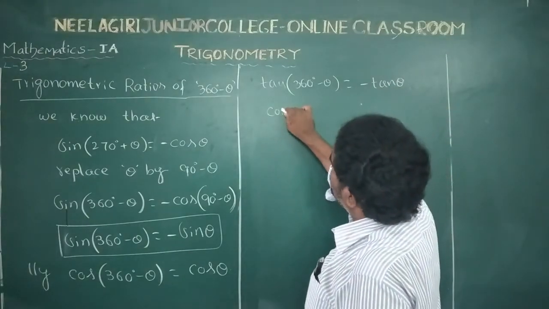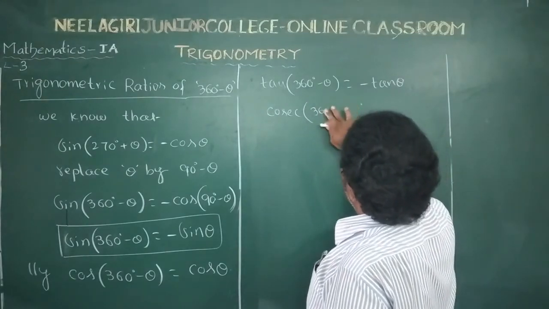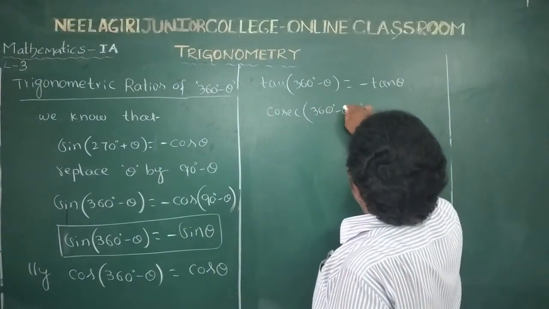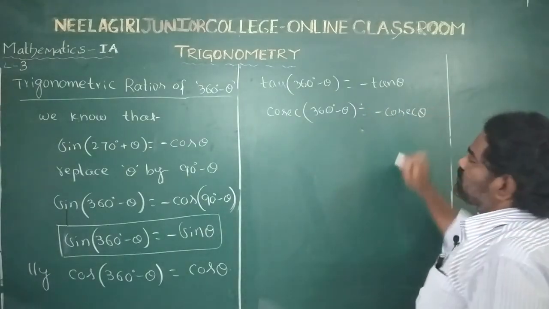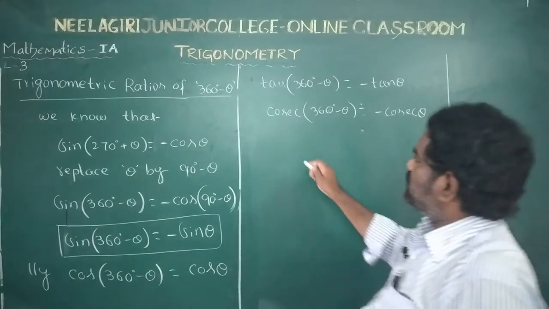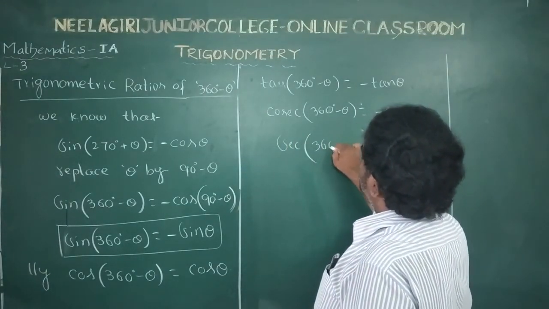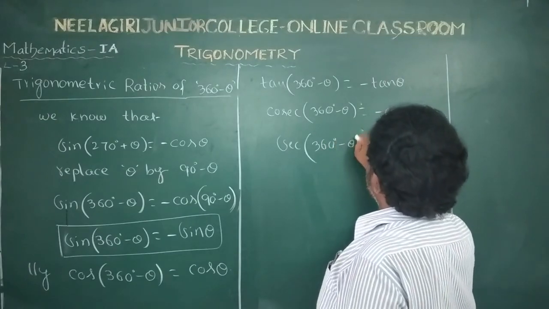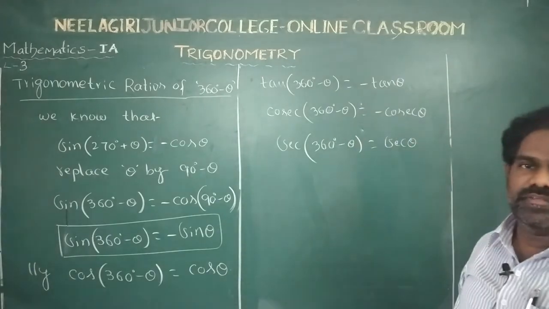Cosec 360 minus theta equals minus cosec theta. Sec 360 degrees minus theta equals plus sec theta.